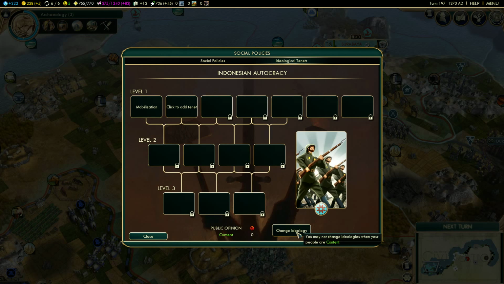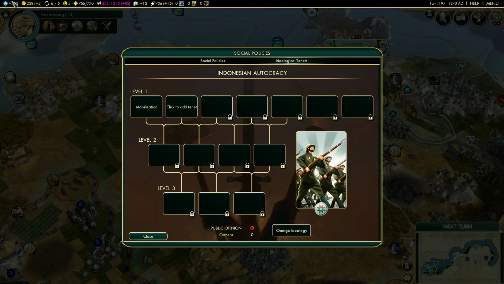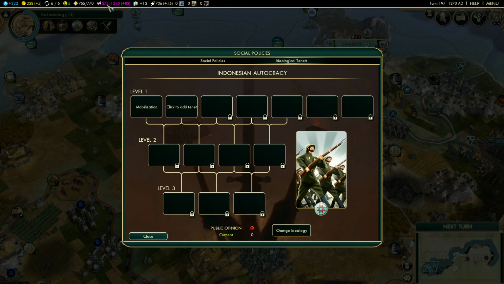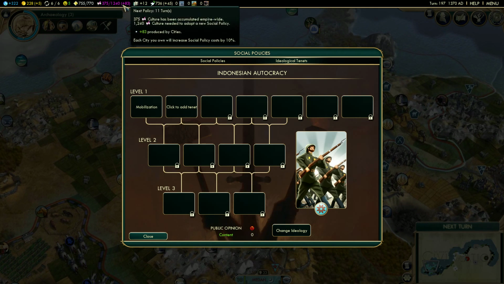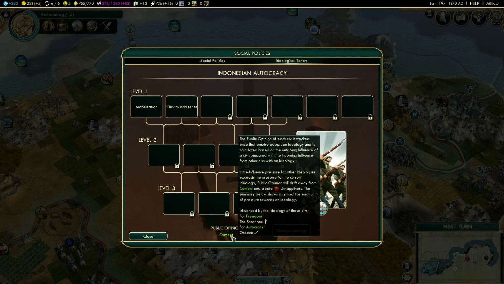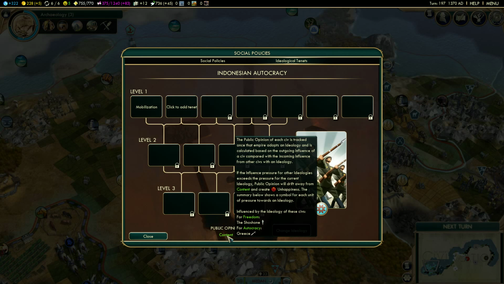Now, if you do have to change ideology, you will go through 2 turns of chaos. You will not produce anything and you will lose all your culture. So I would lose those 375 saved up, as well as produce 0 for several turns, and then it changes, but it's very easy to then be influenced by someone else in a negative way because they are now influential over you.